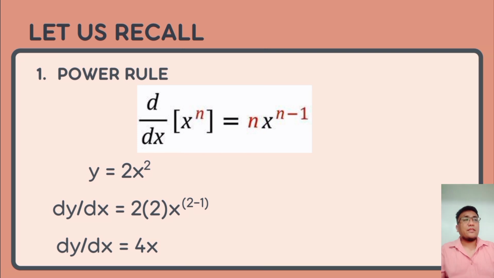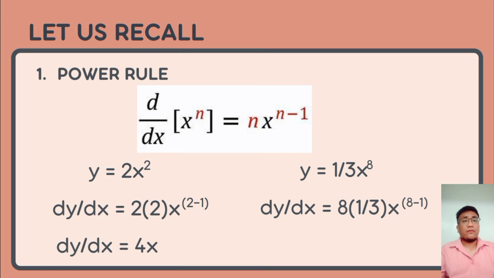How about y is equal to 1/3 of x raised to 8? Again, the formula, we will bring down 8. dy over dx equals, we bring down 8 multiplied by the constant 1/3 multiplied by x, and then we subtract 1 from the original exponent.